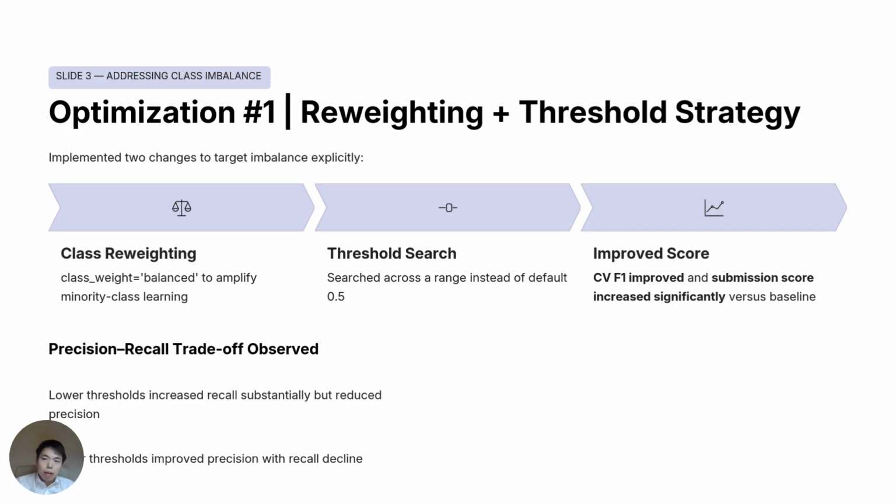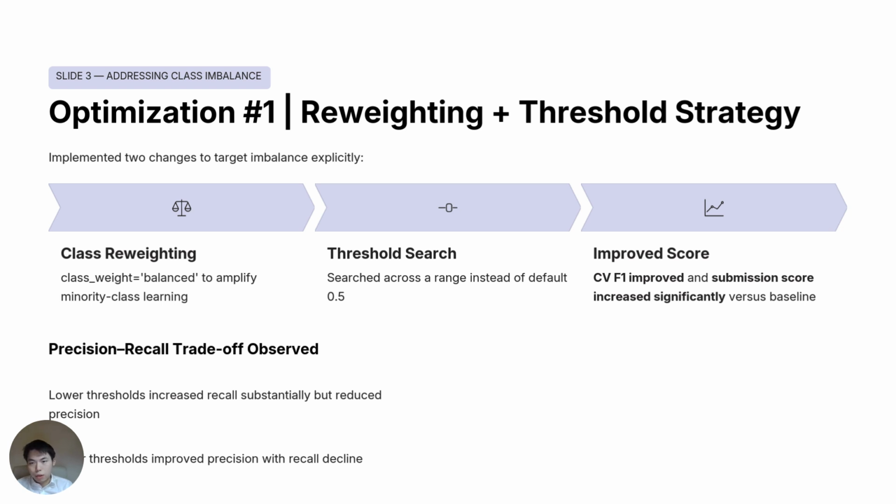My next step was to directly address the class imbalance, and I used two simple but effective strategies. First, I set class weight to balanced in the logistic regression, which increased the importance of the diabetes cases during training. Secondly, I optimized the classification threshold.